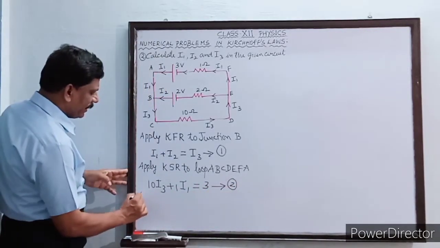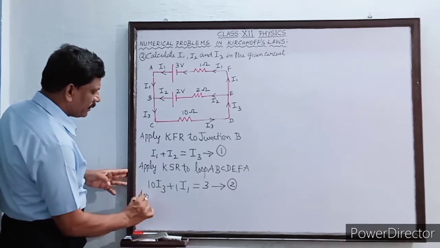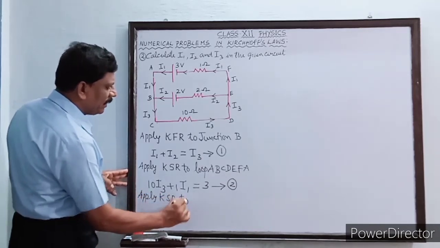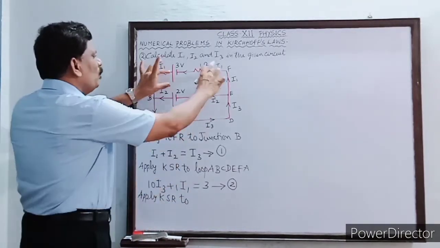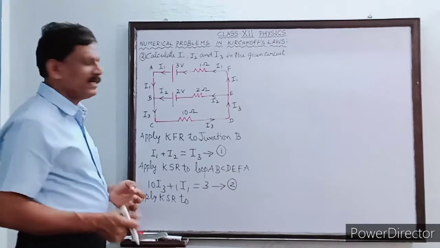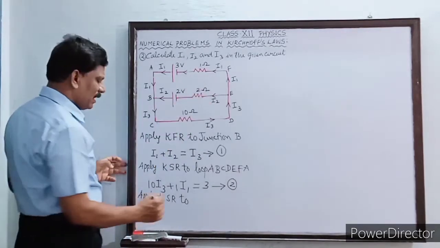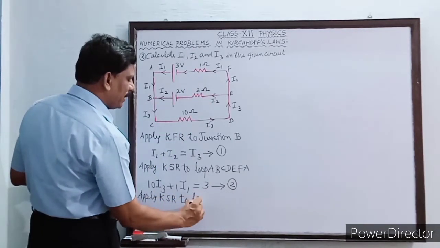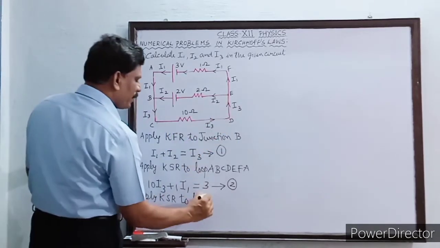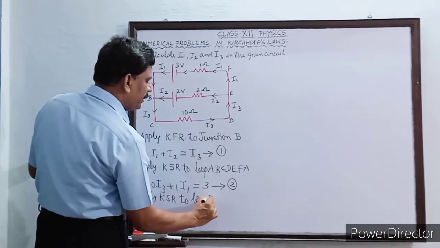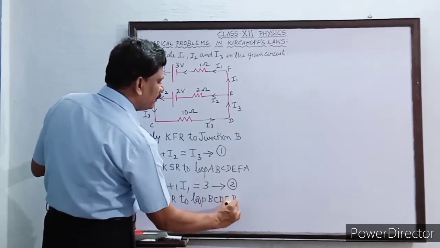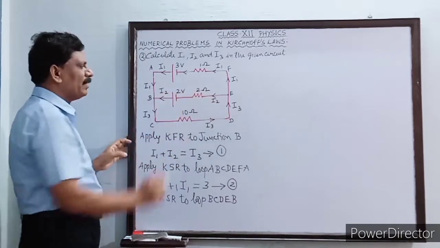Similarly, apply Kirchhoff's second rule to any other loop. There are 2 more smaller loops available. It is our choice only. Out of the 2 smaller loops, I will consider the smaller loop B, C, D, E, B. This is the smaller loop given below.